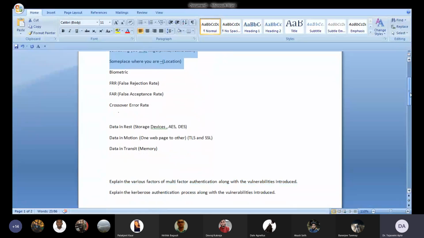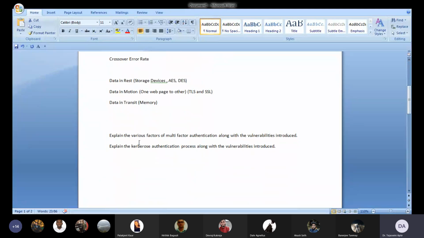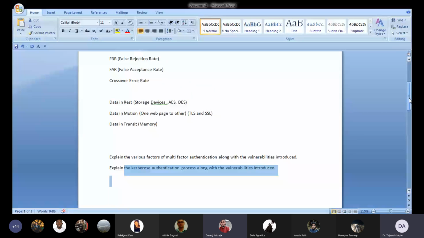The next thing is the Kerberos authentication. Just now we have discussed where exactly the vulnerabilities can be introduced. This you need to mention.